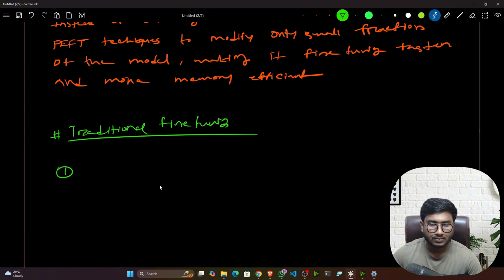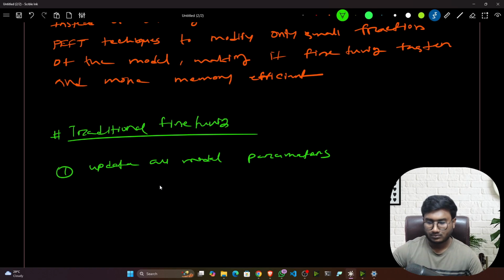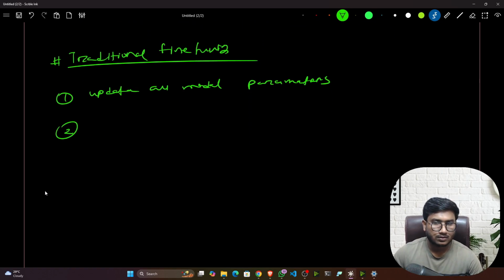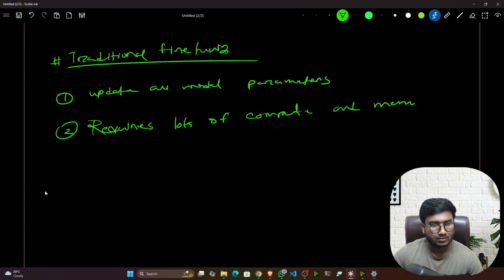So here we update all parameters, all model parameters, okay, then it requires lots of compute and memory, okay, then not ideal for multiple domains, okay.